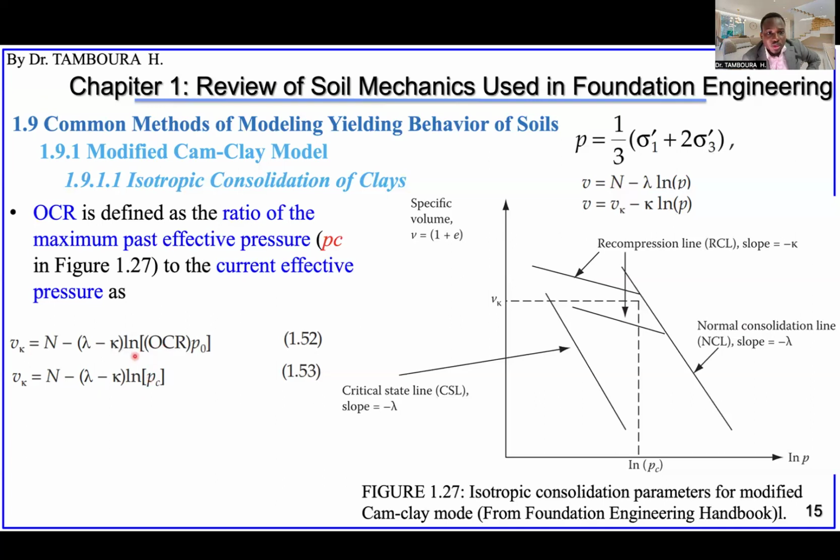That's the only thing we did from here to here, using this definition: PC divided by P0 equals the over consolidation ratio.